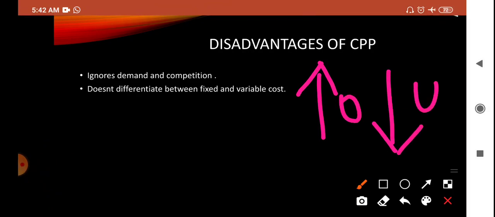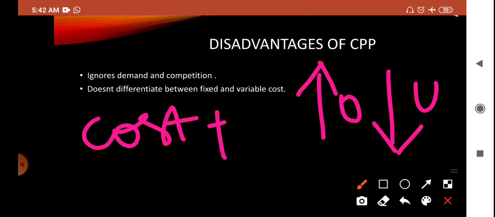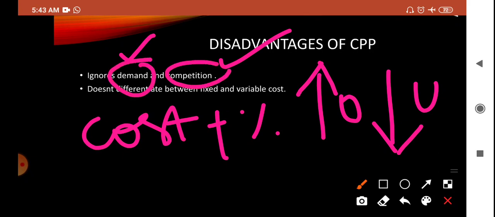So ignores demand and competition, as we are just calculating the cost plus adding the percentage of profit margin. The demand cannot be measured, they will not see the demand for their product, and also they will not consider the competition. So if we don't see the demand, if we don't see the competition, either we will hike our prices, that is overpricing will be done, or underpricing will be done.